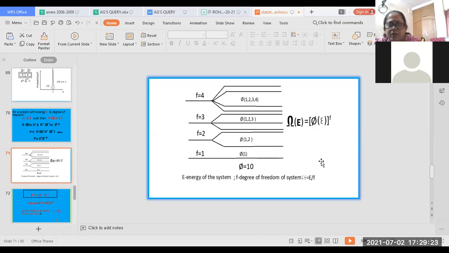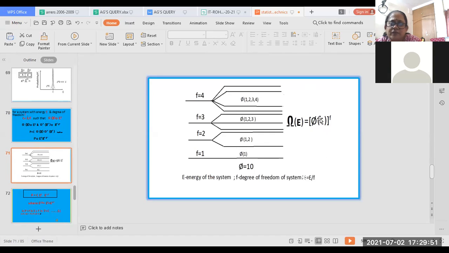Omega E is also written in terms of epsilon to the power F here. Actually, I wrote epsilon here as phi. Both are the same thing, but phi is some function dependent upon epsilon. What is epsilon? It is the energy per unit degree of freedom. So it is a function of energy, total E, E or E dash, whatever it is.